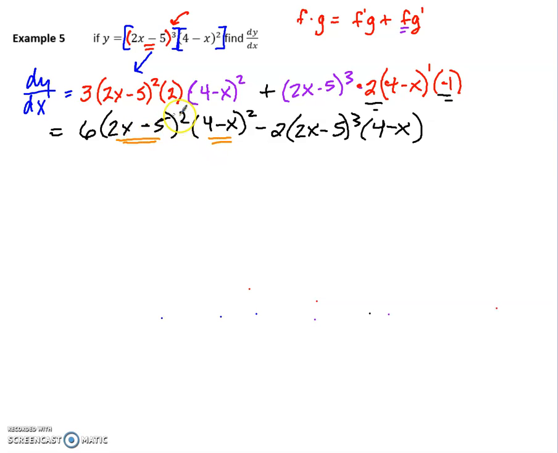So let's see, I can bring out 2 powers from both. So I'm going to bring out 2x minus 5 to the second, and it looks like I have a 4 minus x, but only 1 that I can take out of both. So I'm going to take out the 4 minus x. So what do I have left? If I take out the 2x minus 5 squared completely, and one of those, I get 6 times one of those.